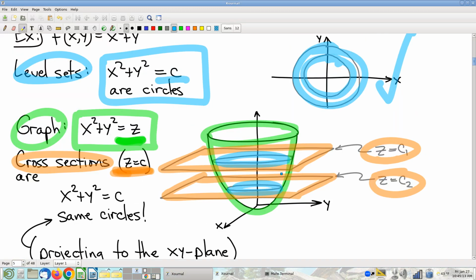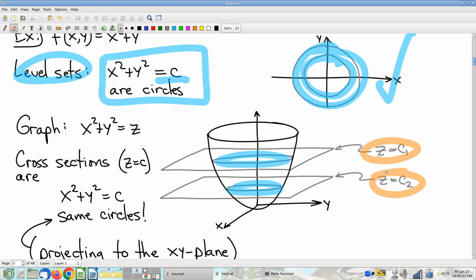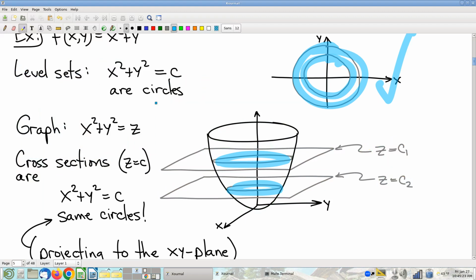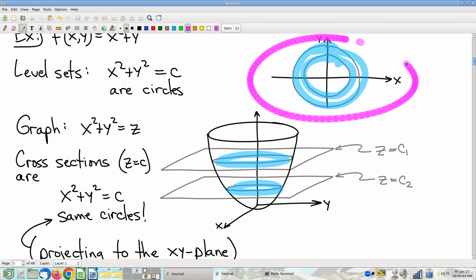So, a minor little quibble. Technically, the cross sections of the graph that I've got drawn here, if I compare them to the level sets, are they exactly the same thing? Well, one could quibble and say these are circles centered on x, y equals 0, 0, but elevated up in space, while these are circles centered at x, y equals 0, 0, living only in 2 dimensions.